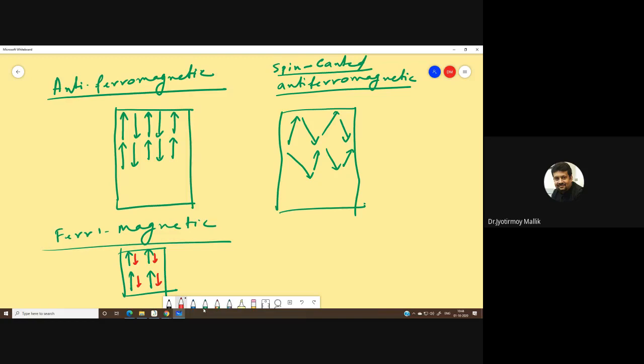Unless there is a defect in these systems. When there is a defect, what it creates is called parasitic ferromagnetism.